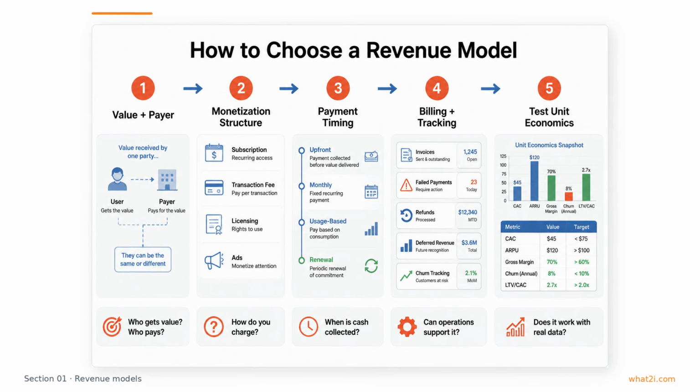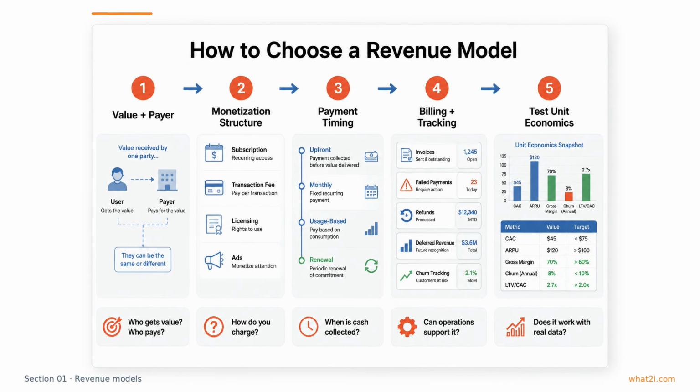Choosing a revenue model is really an economic design decision. The first step is to define the value exchange clearly and identify who receives the value versus who will actually pay. From there, the company chooses a monetization structure that fits the product, such as subscription, transaction, commission, licensing, or ads.